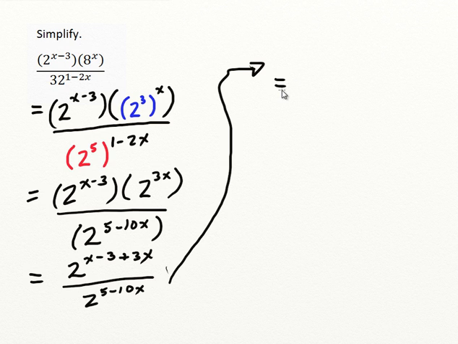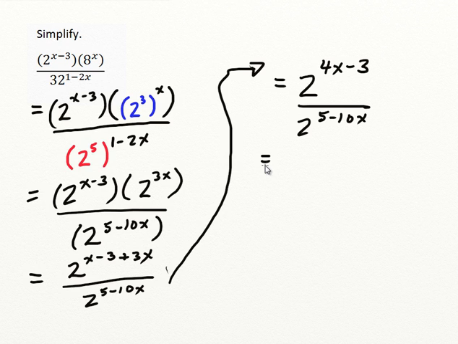Well, if I take the top, the numerator, we've got x minus 3 plus 3x. Well, x plus 3x is 4x. And then we still have the minus 3. All right, in the denominator, we still have 5 minus 10x. Okay, back to the exponent laws, division.